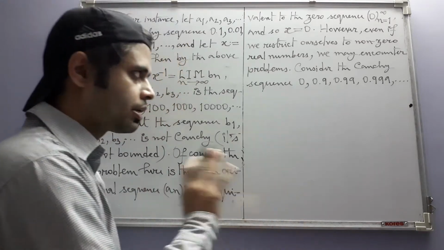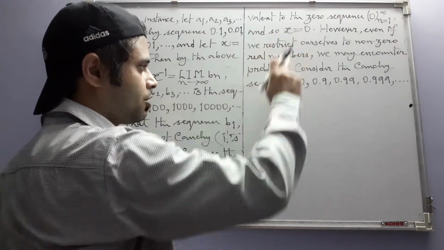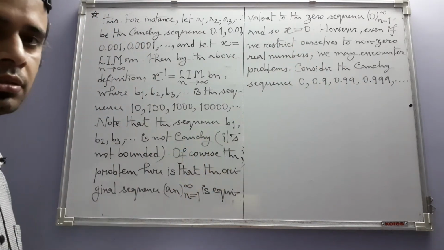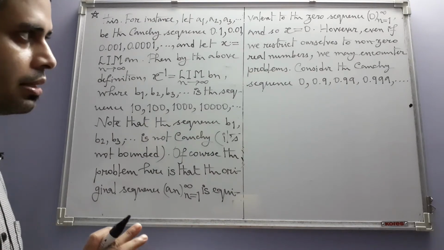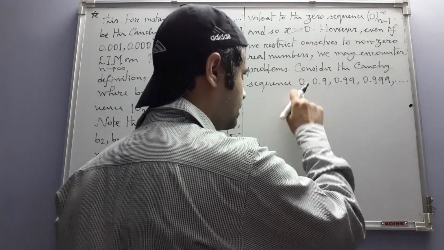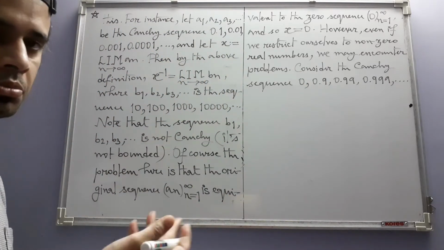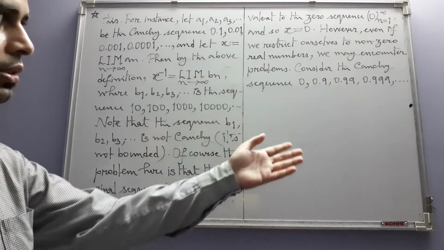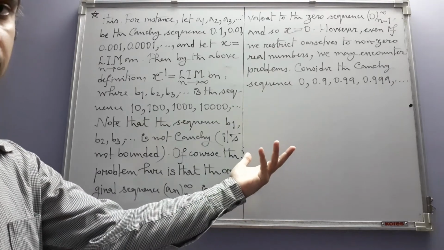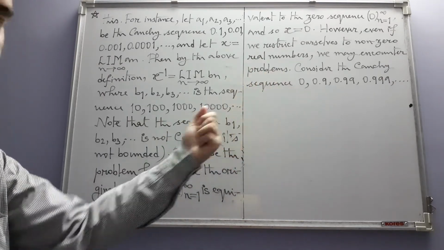So it's not a zero real number. So this problem is not present here. So we should be able to use the previous naive definition. But if you try to do that, in the very first term you encounter a problem. You will be considering the reciprocals of the terms of this sequence, but you cannot consider the reciprocal of 0. This is the rational number 0, so there is no reciprocal of 0.